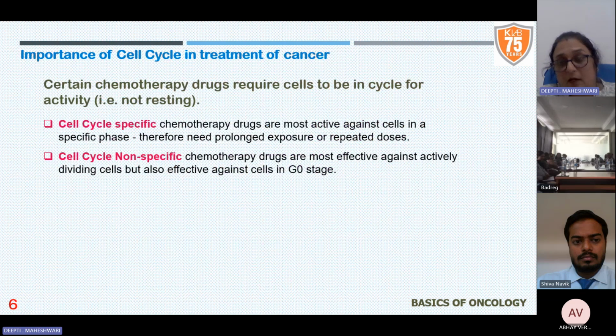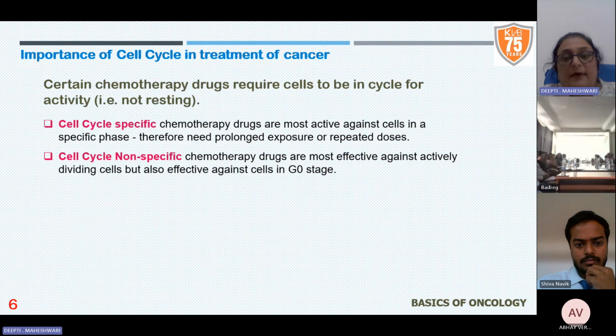Now, as I told you, it is important for us to understand the cell cycle. Why? Because the chemotherapeutic drugs, that means the drugs which are used for treating cancer, are cell phase specific. What do you mean by cell phase specific? That they act on some particular phase of the cell. Like some may act on the G1 phase, some may act on the M phase. So they are called cell cycle specific. But there are some chemotherapeutic drugs which are cell cycle non-specific. So what do you mean by that?